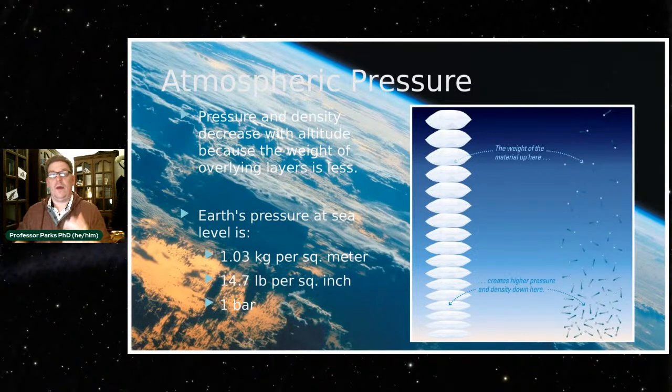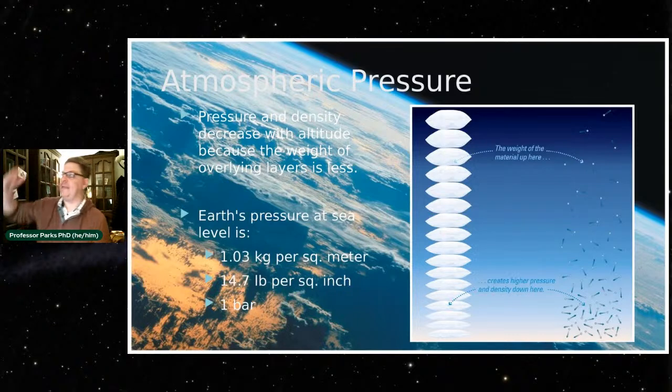However, the difference between atmospheric pressure and gas pressure is that with atmospheric pressure, because the container is gravity, you're going to have a pressure gradient. Because gravity follows an inverse distance squared relationship, the closer you are to the Earth, the more the Earth's gravity is going to slow that upward motion and keep them down.